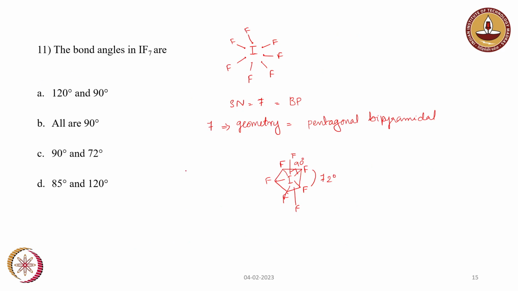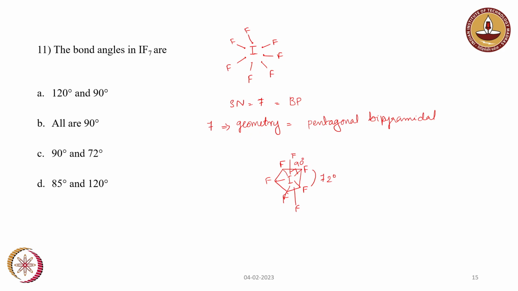And next one is finding bond angles in IF7. Iodine has 7 valence electrons, and 7 fluorine atoms are bonded. So 7 bond pairs are present, the steric number will be 7, and for 7 the geometry is pentagonal bipyramidal.